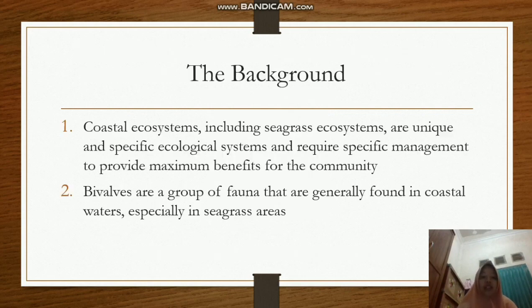Introduction. First is the background. Coastal ecosystems, including seagrass ecosystems, are unique and specific ecological systems and require specific management to provide maximum benefits for the community.